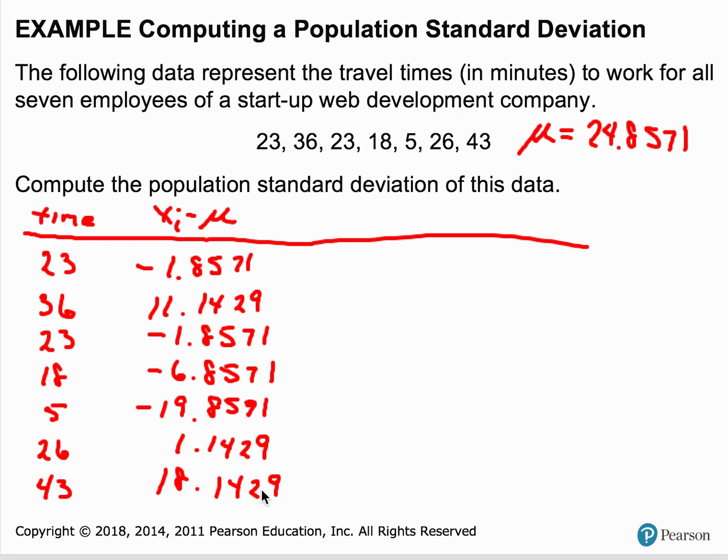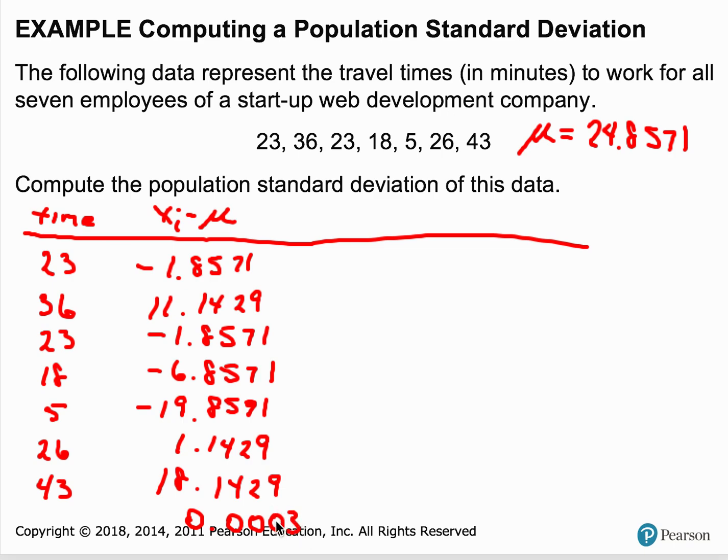And if I do that, I get 0.0003. Basically 0. Technically, I would get exactly 0, except for due to rounding. I've got a little rounding error down here.